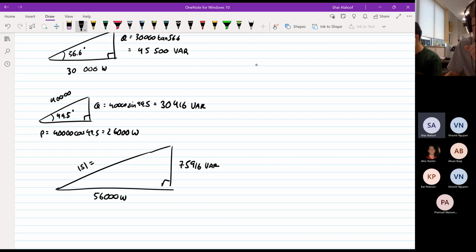That gives me, oh oops, not 70, it gives me 94,335 or 336 volt amps. And the angle, once again, just use trig. There we go, it's about 53.6. Great. That's the extent of question 1.